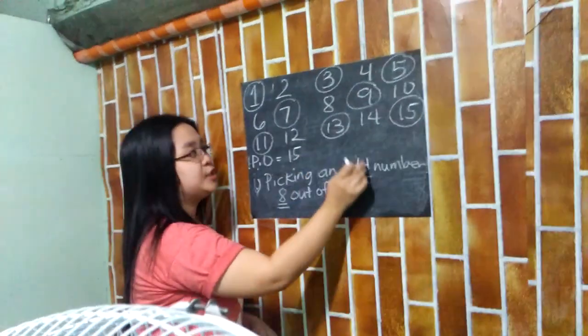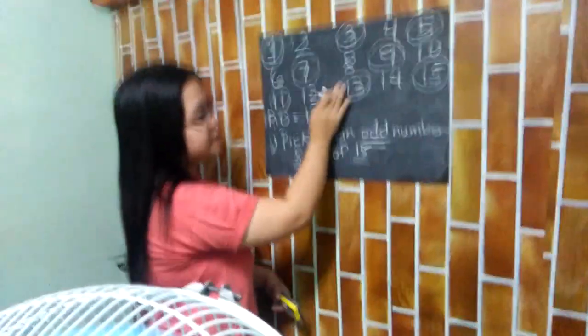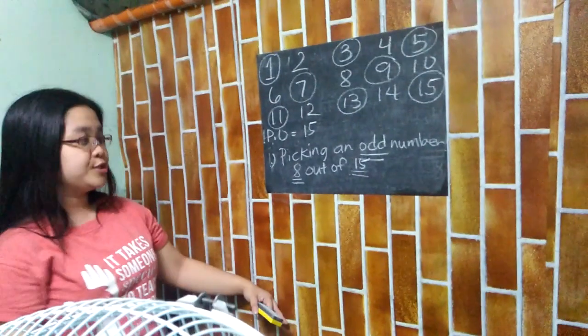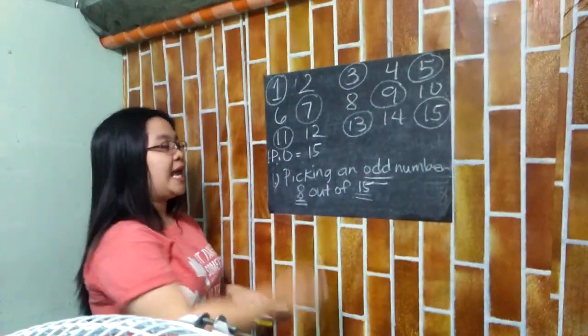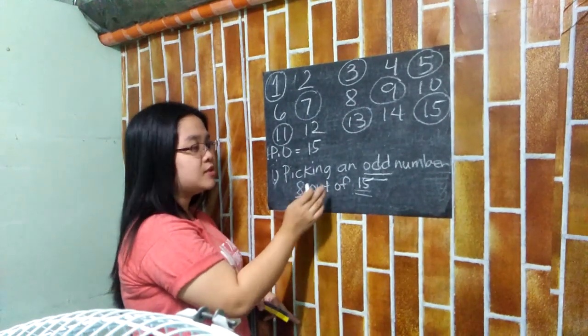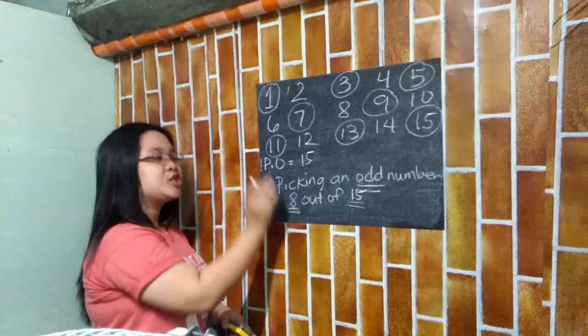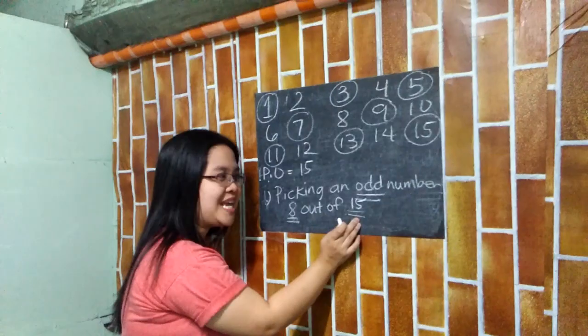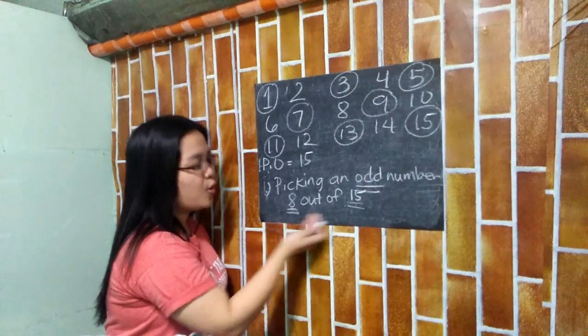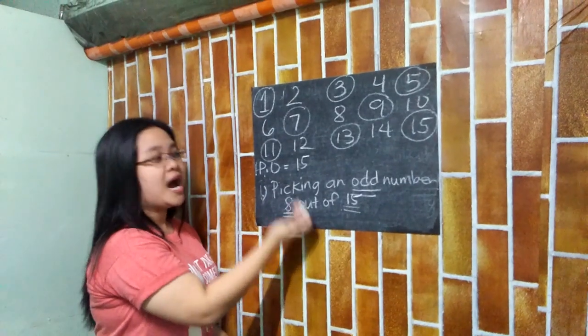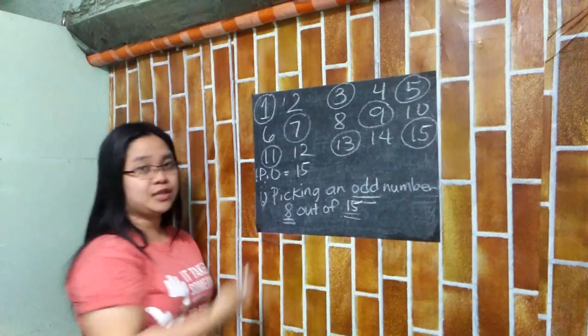So picking an odd number, so those encircled numbers are considered odd numbers. So that was actually our basis for this 8. 8 out of 15, meaning to say there is only 8 chances out of 15 to get an odd number. So this is how we are going to show an event or chances in number.